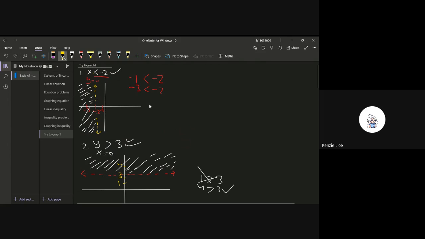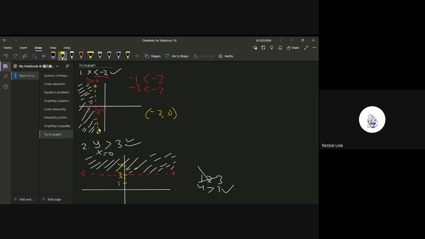So we're going to put 0. Right there, and because it's smaller than, not smaller equal to, the line will be dashed.